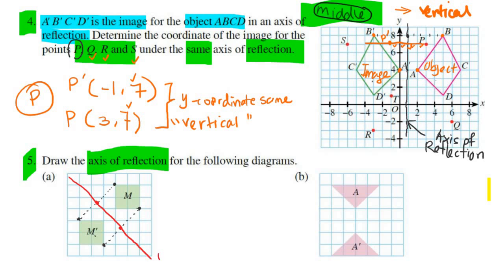So this is the axis of reflection. In other words, this is the middle line of the object and image.